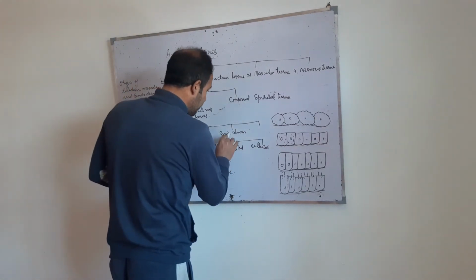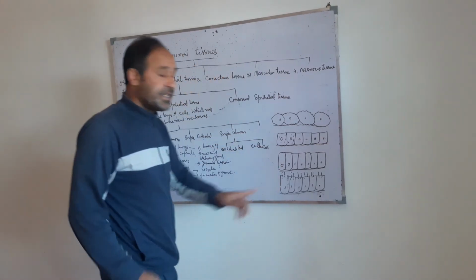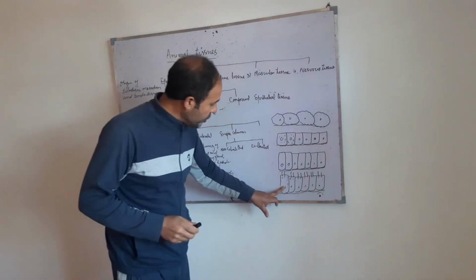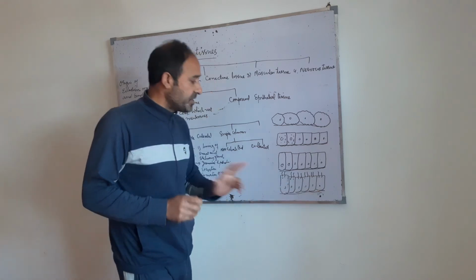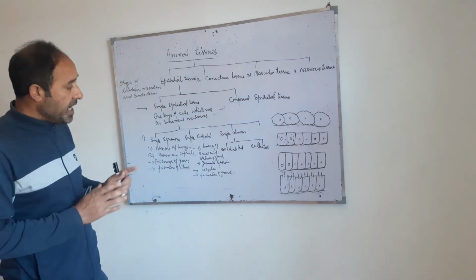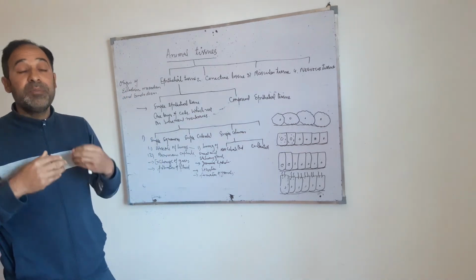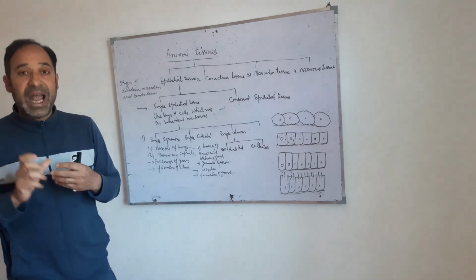Then there is the ciliated type, simple columnar ciliated epithelium. The cells are taller than wide, the nucleus is present at the base, and all rest on the basement membrane. It forms the lining of the nasal cavity, the fallopian tubes, and the urinary tracts.